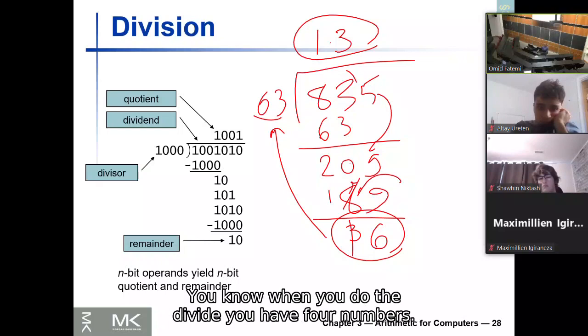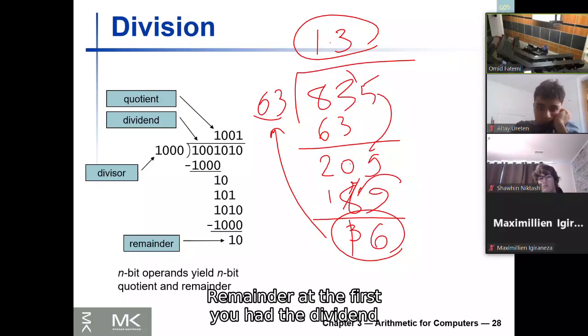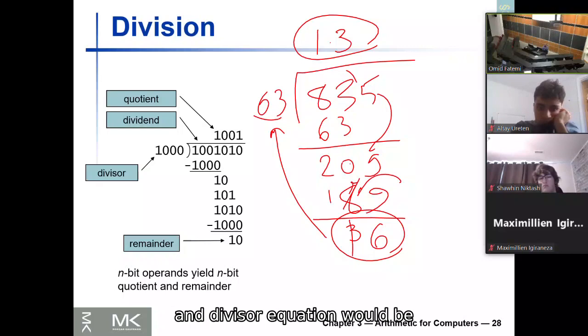And you know, when you do the divide, you have 4 numbers: the dividend and the divisor at first, then the quotient and the remainder.